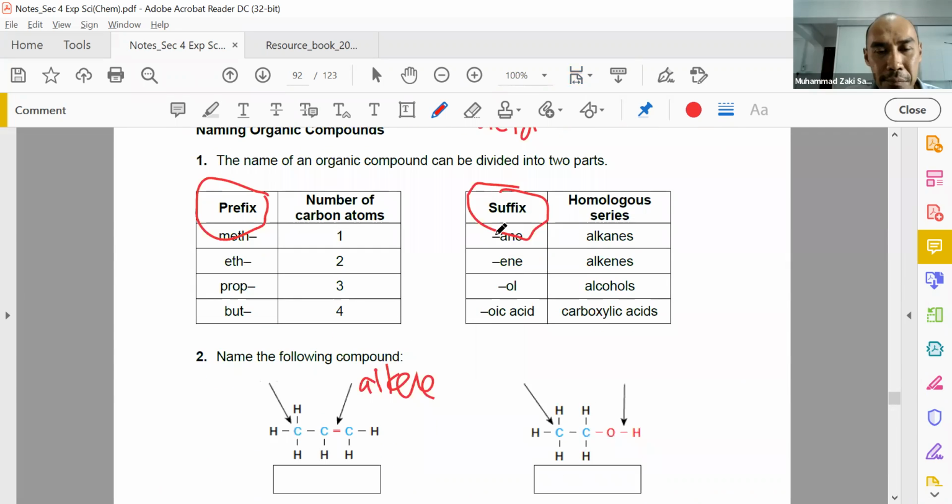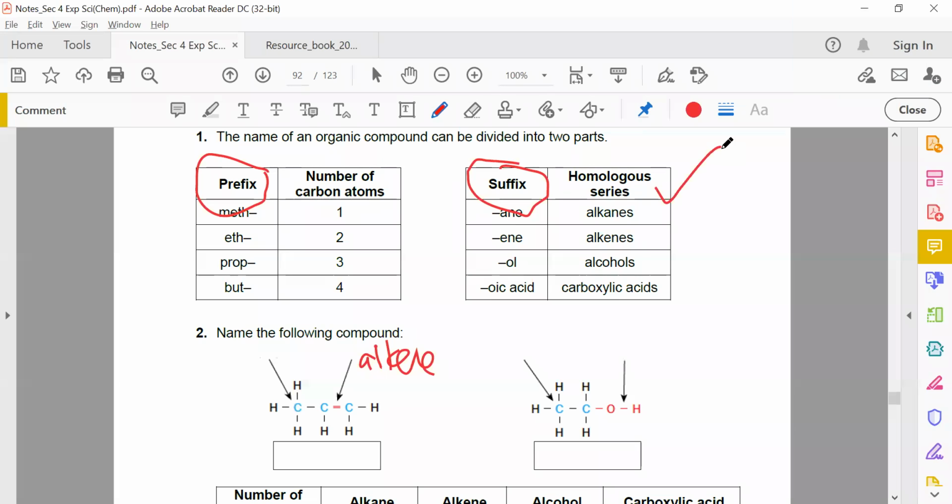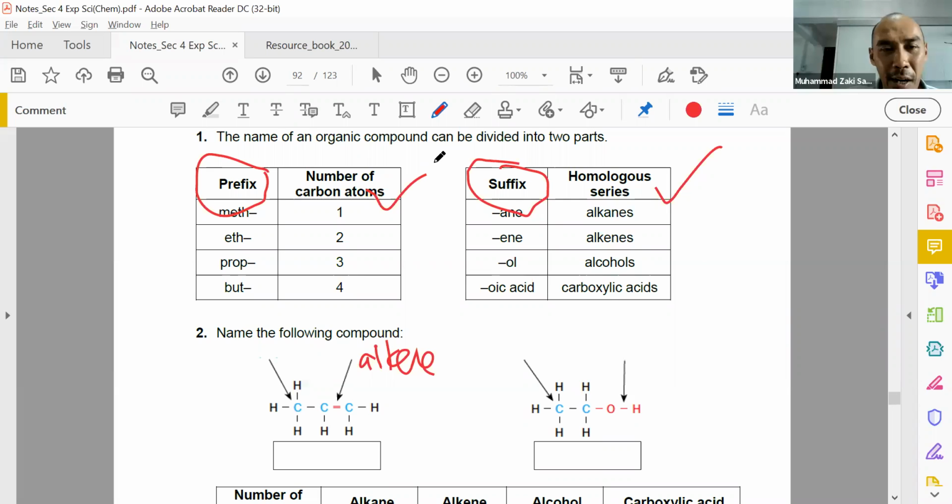Alkene, yes. So you have to use this one and this one. How many carbon atoms does this particular alkene have? 3.